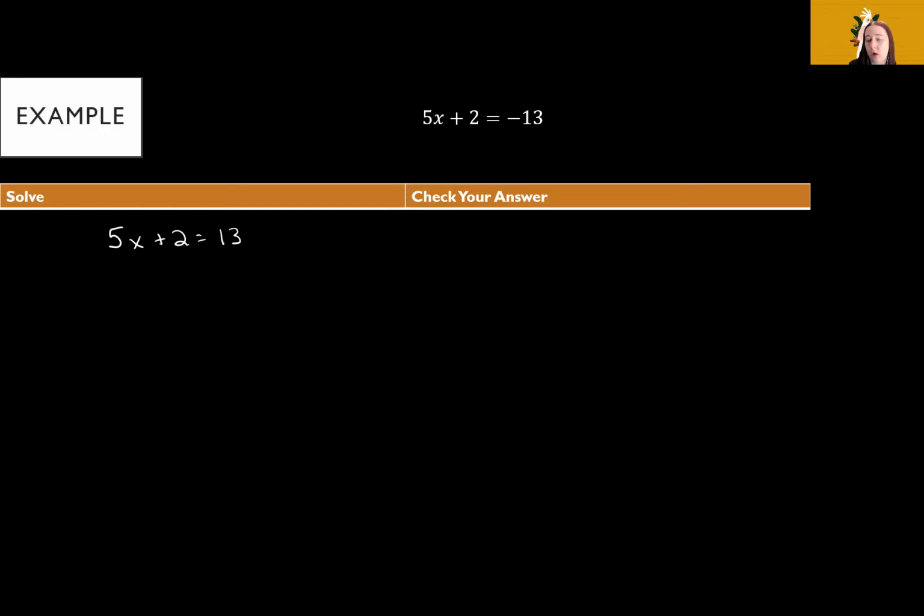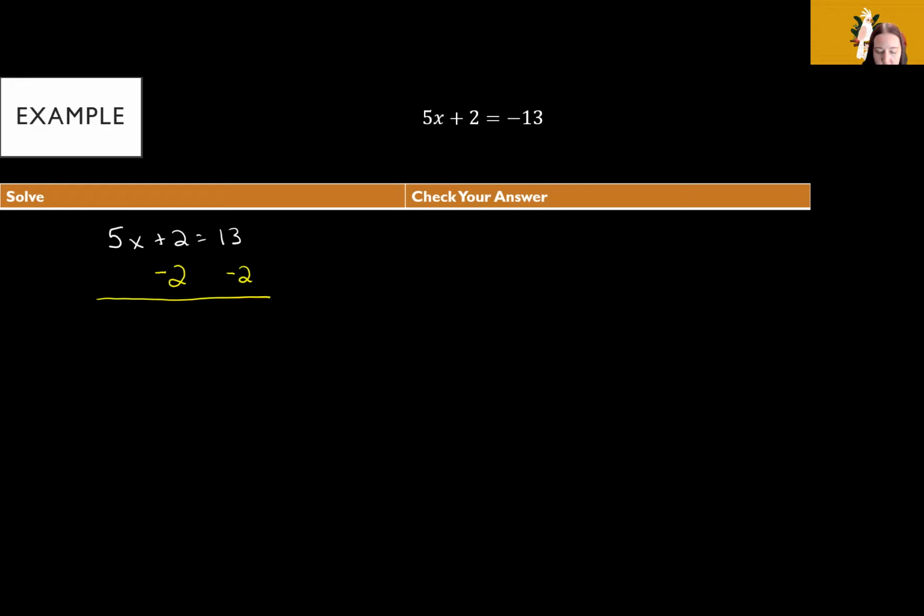You always want to move the number away from the variable. So if our variable is on the left, then I want the constants to be on the right. So I have to remove the plus 2 from the left and move it to the right. We do that by doing the opposite of the sign. If it says plus, then I'm going to minus. So our first step here is I'm going to subtract 2.